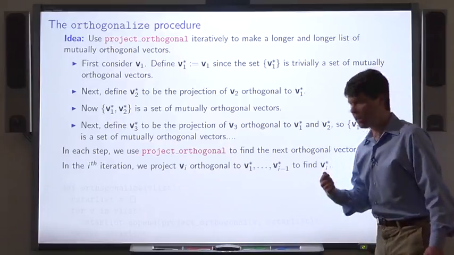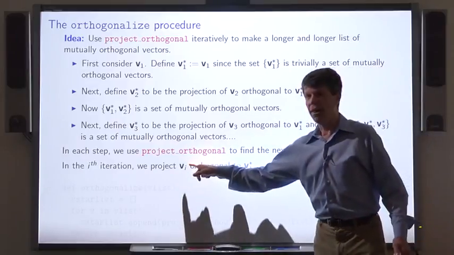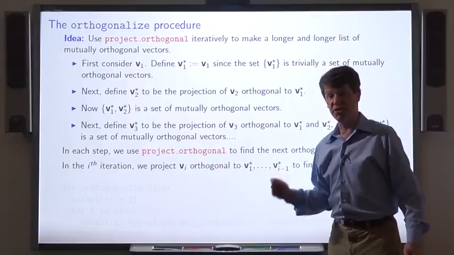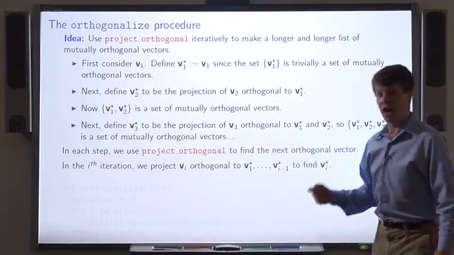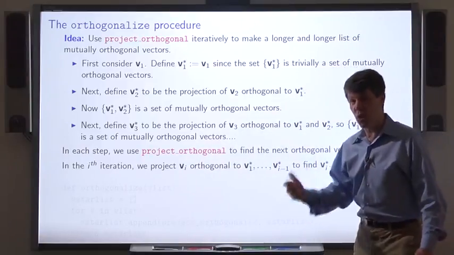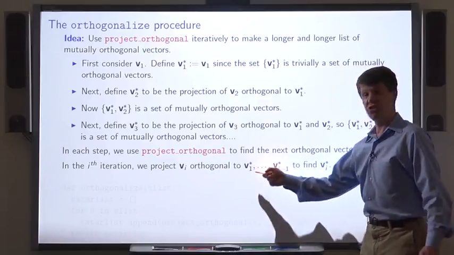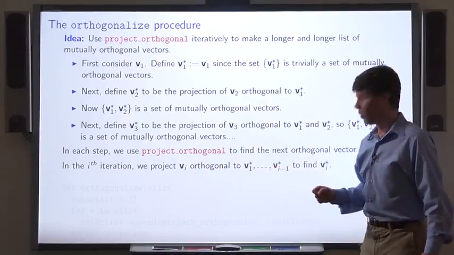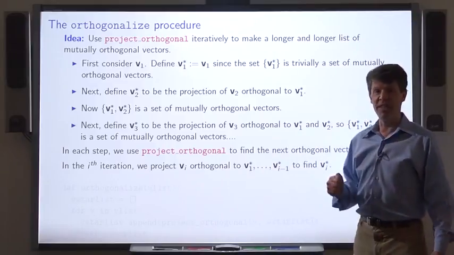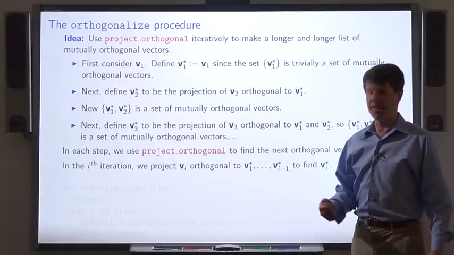So in the ith iteration, we project the ith vector in v-list, vi, orthogonal to the i-1 vectors that are already in our mutually orthogonal list, v1* through v(i-1)*. And that's how we find vi*. We just add that to the list.